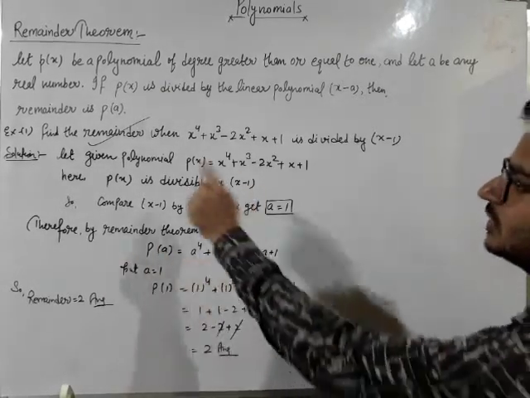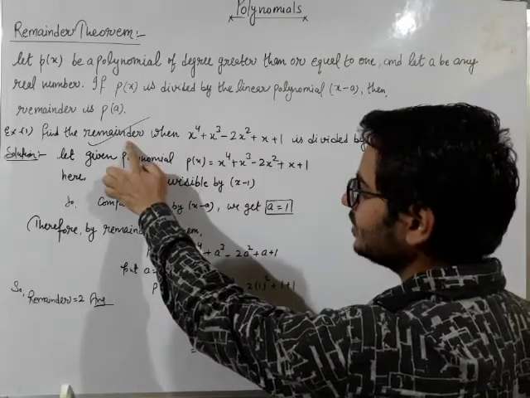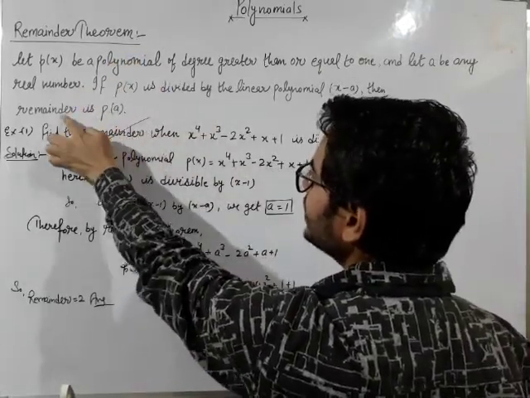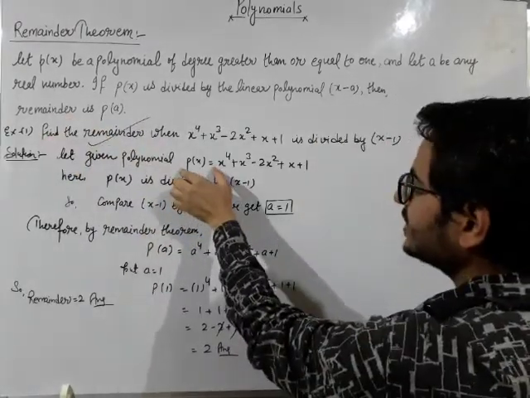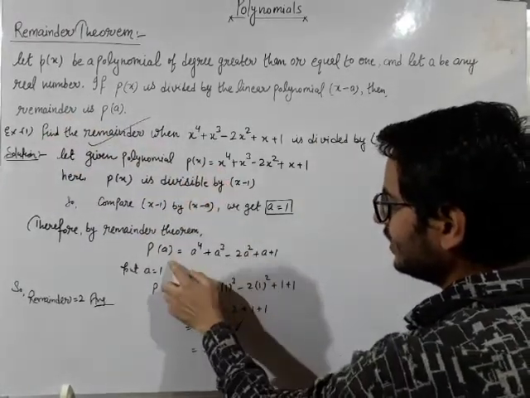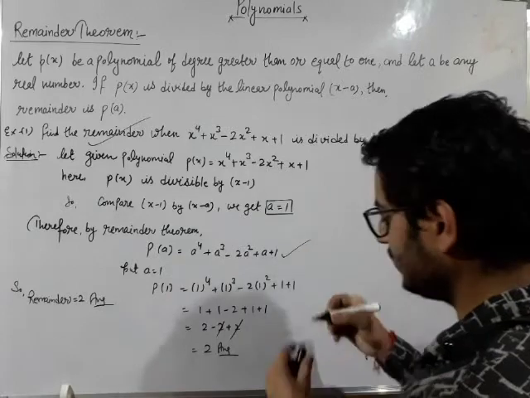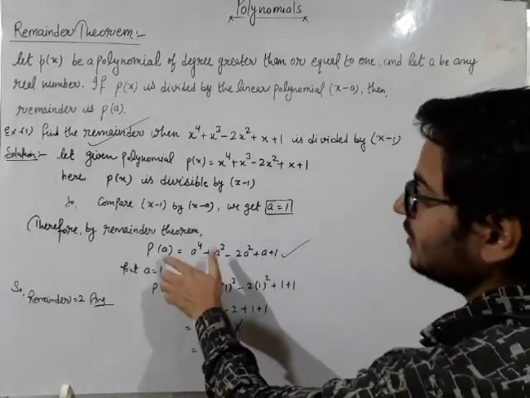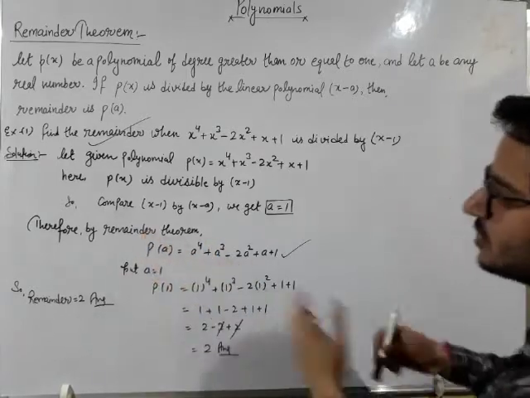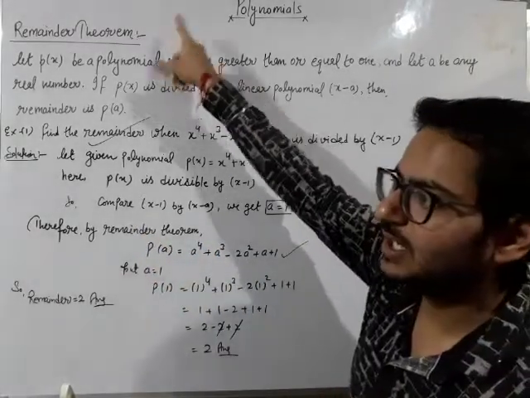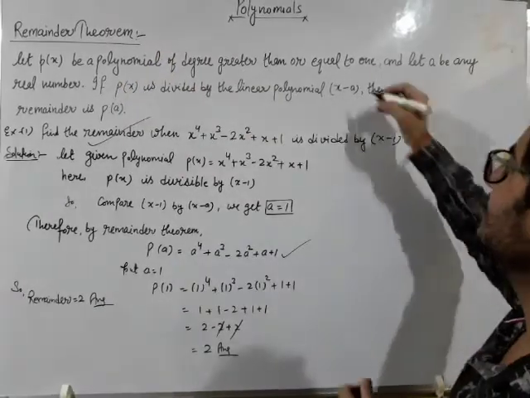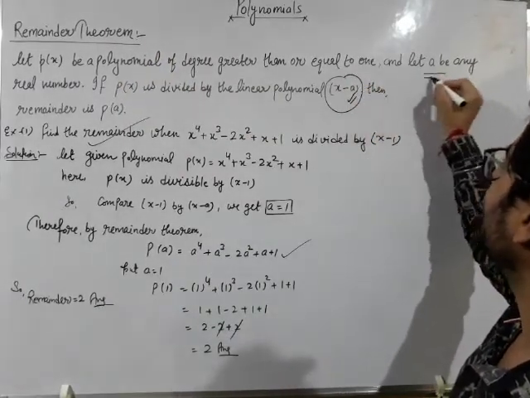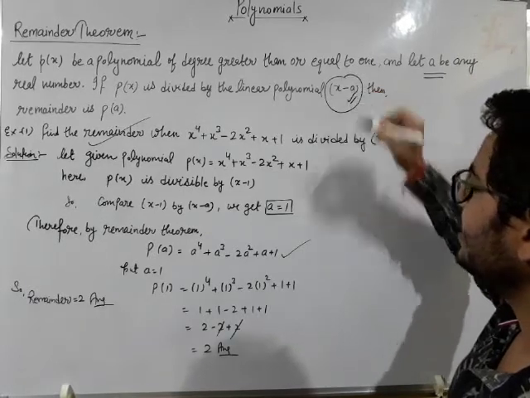We have to find in this example the remainder, and by the remainder theorem we know that P(a) is our remainder. So in our P(x) we will replace x by a, and we get this polynomial P(a). Now the question arises, what is the value of a? The remainder theorem will help us, because a is any real number, and here you can find your a.